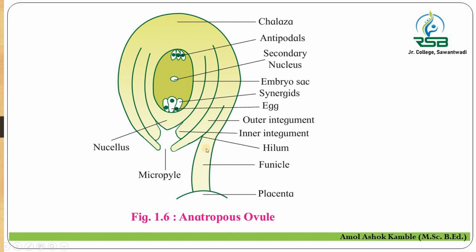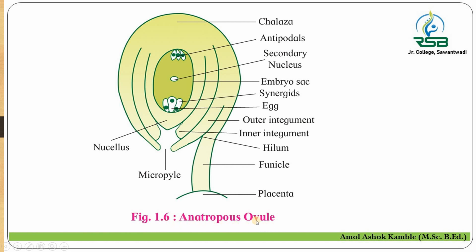Bent axis with downwardly directed opening, डाउनवर्डली खालच्या बाजूला, आणि हे जे ओपनिंग आहे, that downwardly directed opening, it is called the micropyle. हा अतिशय महत्वाचा भाग आहे या डेफिनेशन मध्ये. The ovule with this bent axis and downwardly directed opening, the micropyle, this type of ovule is called the anatropous ovule.